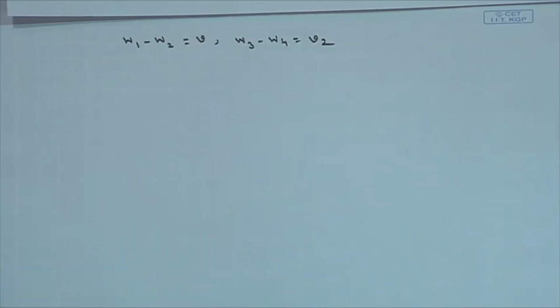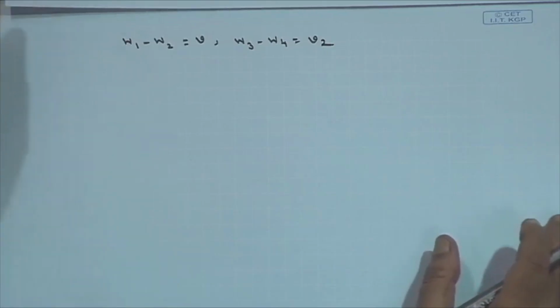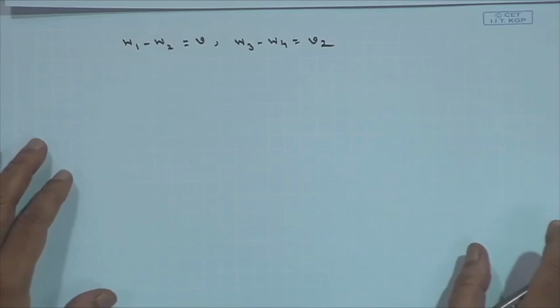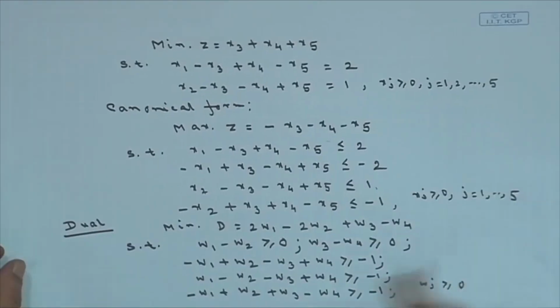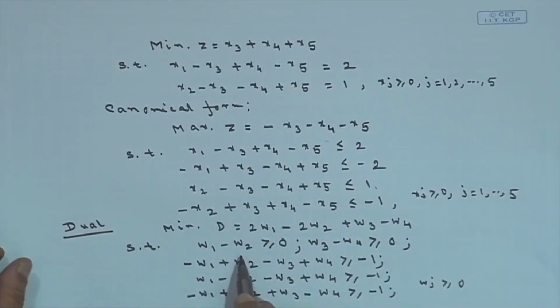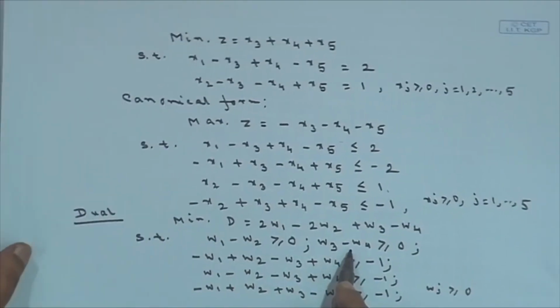So, from here your Wj's are greater than equals 0, and in this if you write down W1 minus W2 is greater than equals 0. So, from here if you see, first one is W1 minus W2, I am assuming this is V1, W3 minus W4, this I am assuming V2.